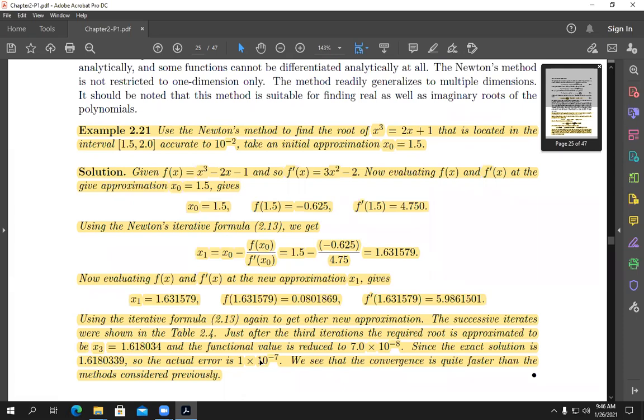If you remember example number 2, the same example with the bisection, we took 10 to the minus 2 accuracy, but we took the 6th iteration. Here, with only 3 iterations, we get accuracy 10 to the minus 7.